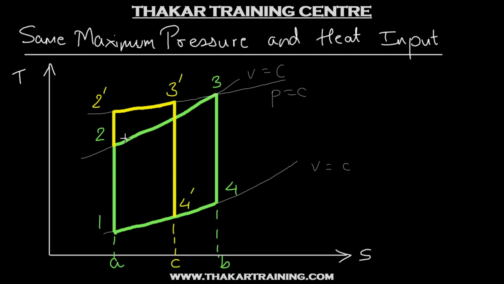Alright. So what will happen is, I'll just draw it and then explain it to you again. I'll just erase this point to mark it over here. So see, if I mark a constant volume line over here, this is another constant volume line. What I am saying is point 2 of the dual cycle will come somewhere over here, 2 double dash.